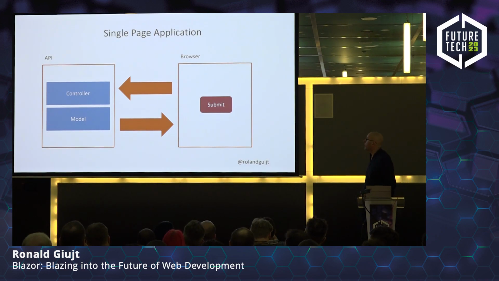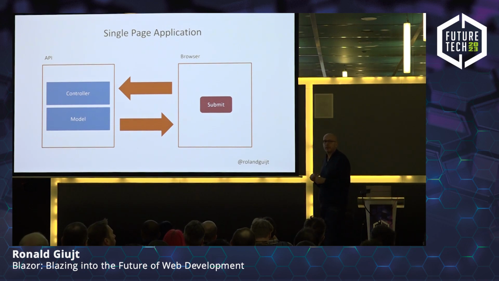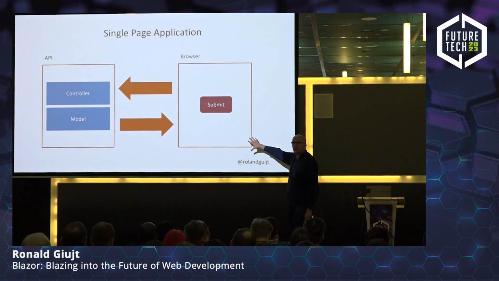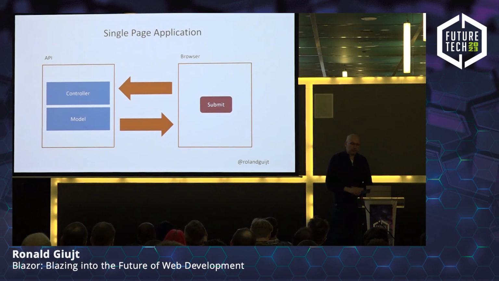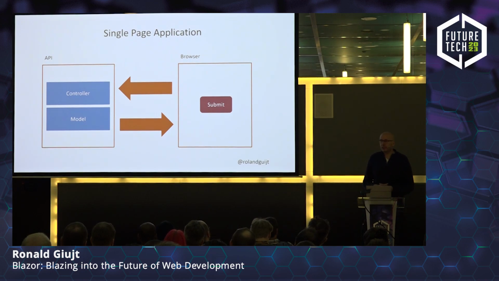When we go to a single page application, we move that UI logic to the browser. So now the browser has the UI logic. That means that all the views and all UI interaction is handled by the browser. And we still have a server-side application that handles data. It could be a web API, for example.